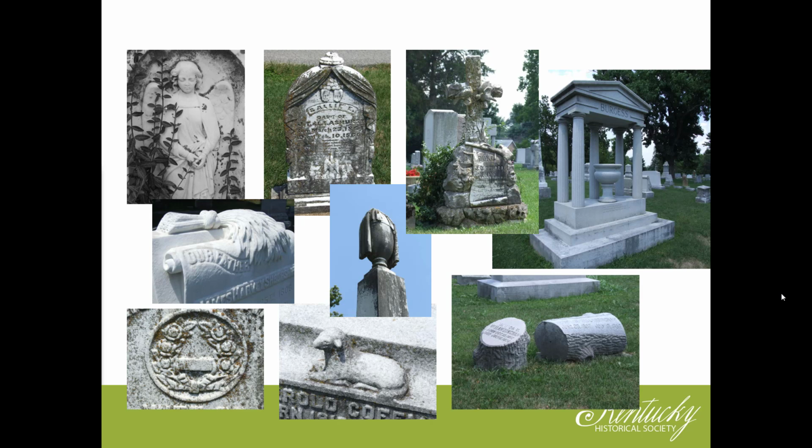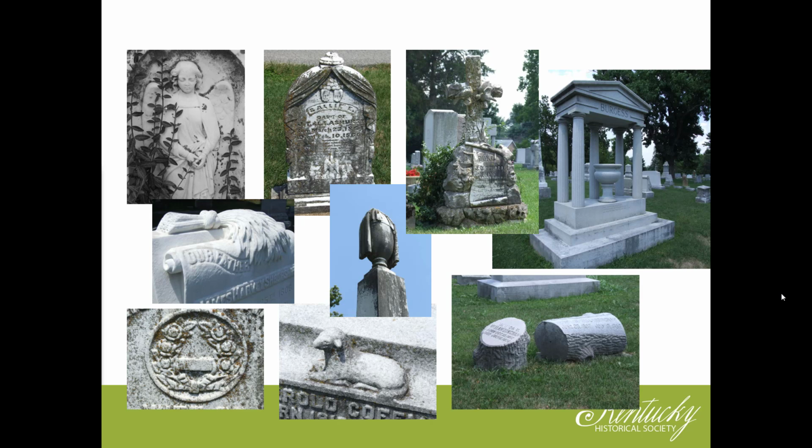You start to see symbols that represent some sort of message, some sort of connection to the deceased, either an occupation, age related, religious symbols, fraternal symbols, sometimes popularity, sometimes simply a flower image or even a tree image. Something like that will signify or have a meaning behind it, which we may not know today.